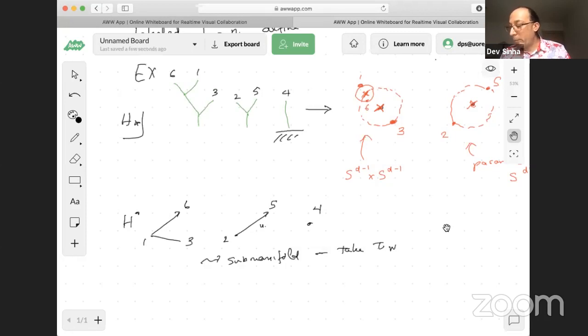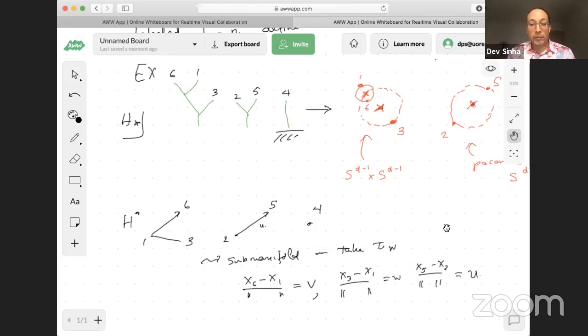Well, this graph will just say that, and u, v, w are unit vectors, it would say that (x6 minus x1) over its norm equals v, and I also want (x3 minus x1) over its norm equals w, and then I would also want (x5 minus x2) over its norm to equal u. And that's a perfectly well-defined submanifold.